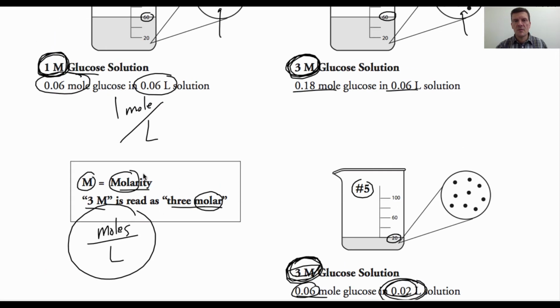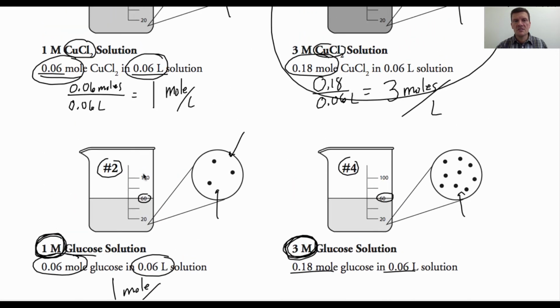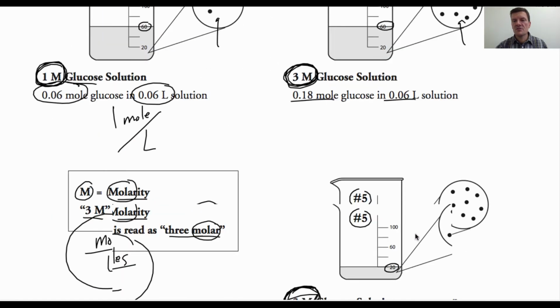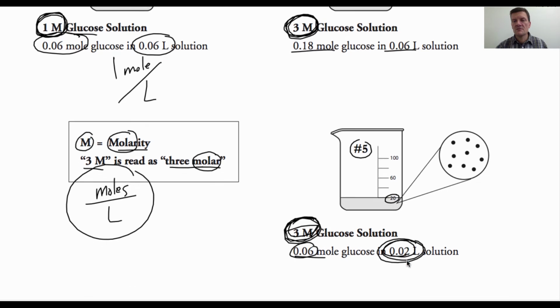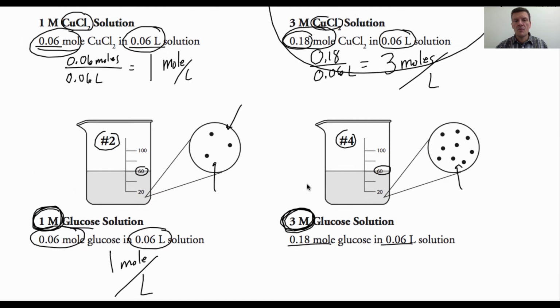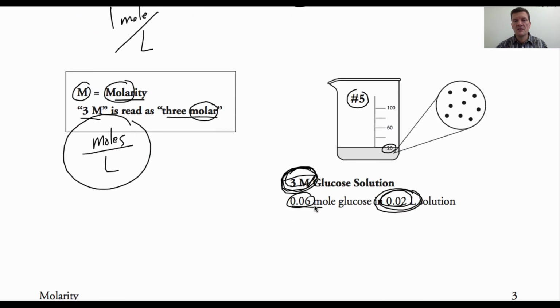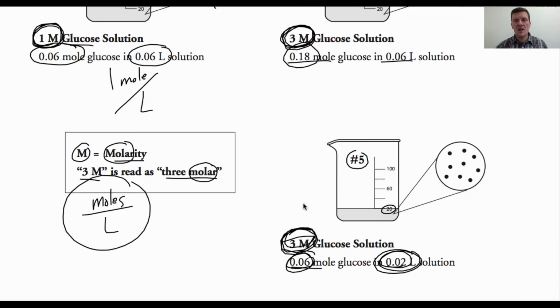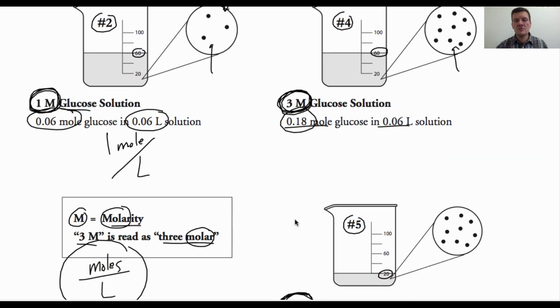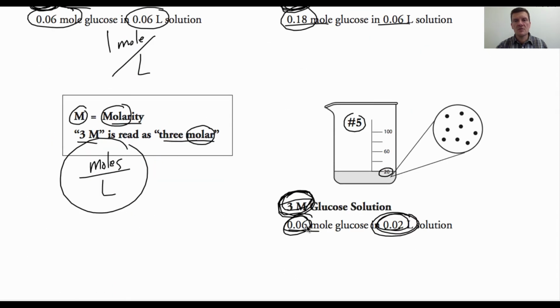Well, you probably already see what we're going to say here, right? So, is the volume the same for all of them? Well, it is for the first two, but not for the third one. That's 0.02. Is the number of moles the same? 0.18, 0.18, nope, 0.06. But what is the same for all of these, since these are all 3 molar solutions, is the ratio.